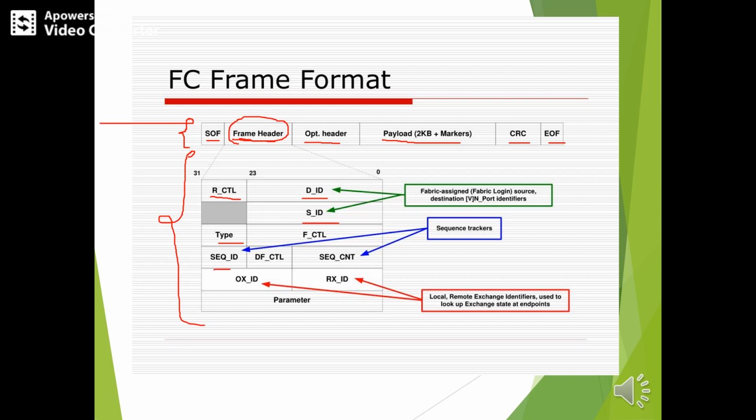So sequence ID and sequence count behave as sequence trackers, and exchange ID and RX ID behave as local and remote exchange identifiers used to look up exchange state at endpoints.